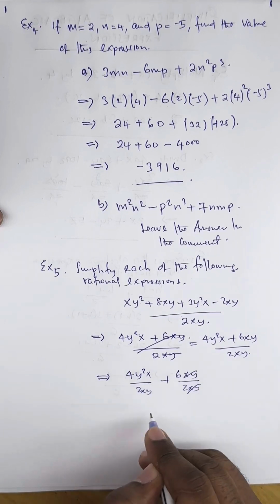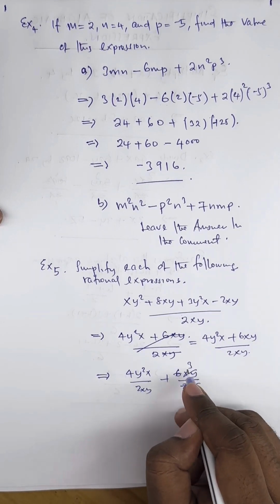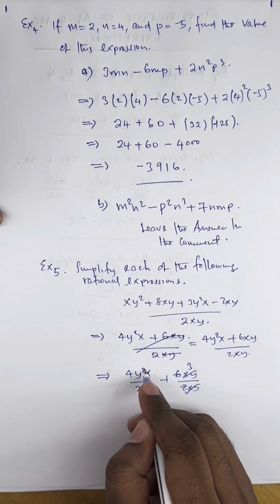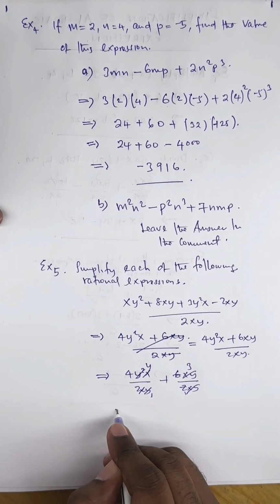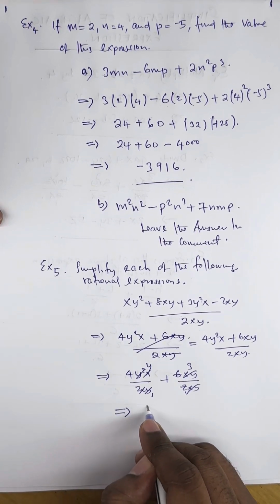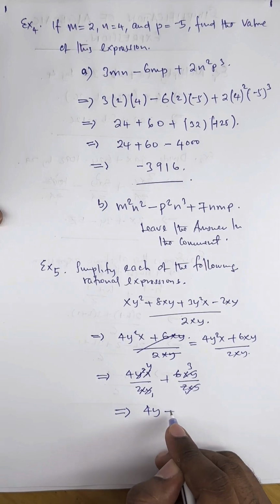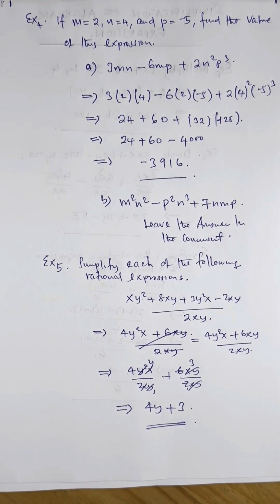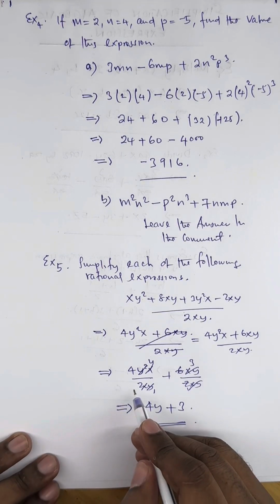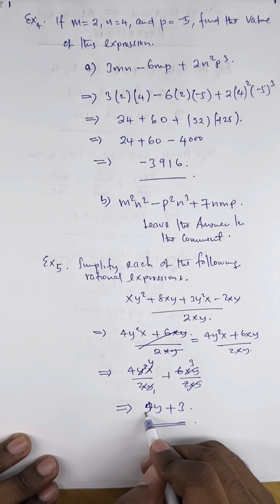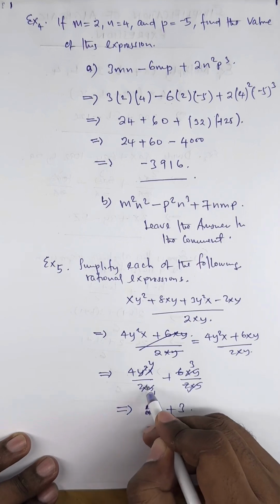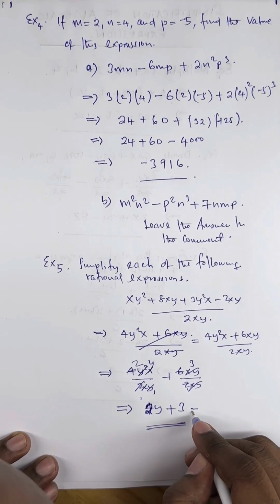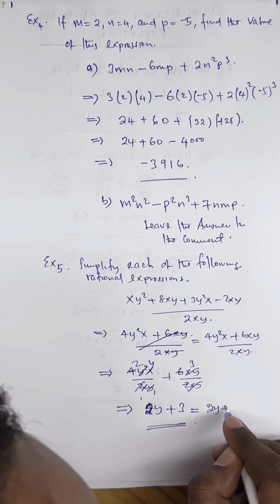So this and this go away, by 2 it's 1, by 2 it's 3. So this one, x cancels, y, 1y remains. So the final answer has to be 4y plus 3. Are we together? No, because it has to be 2y, because by 2 it's 1, by 2 it's 2. So your final answer has to be 2y plus 3.